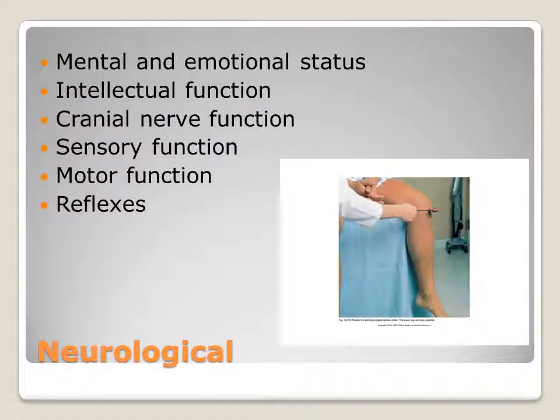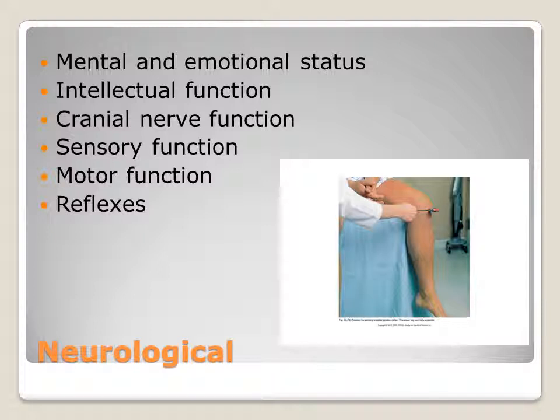And neurological. You want to assess mental and emotional state. Box 3030 has a mini mental state examination in your book. Level of consciousness. You can do Glasgow Coma Scale. Their eyes are open, best verbal response, best motor response, all of those are scored.